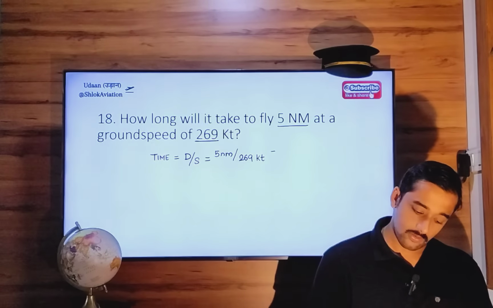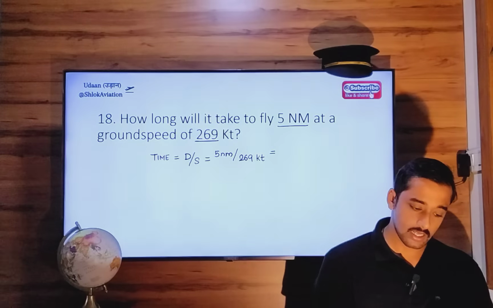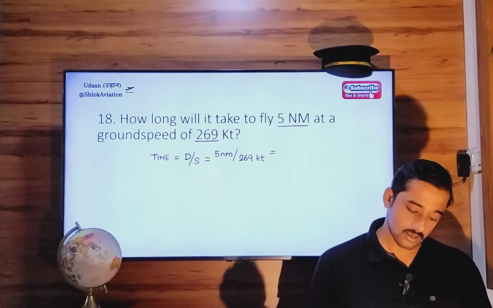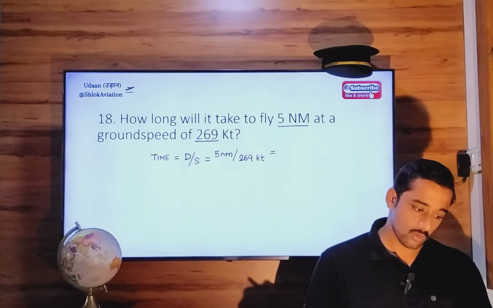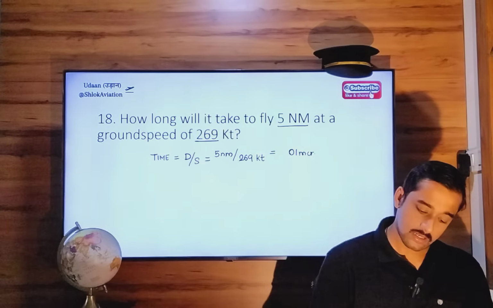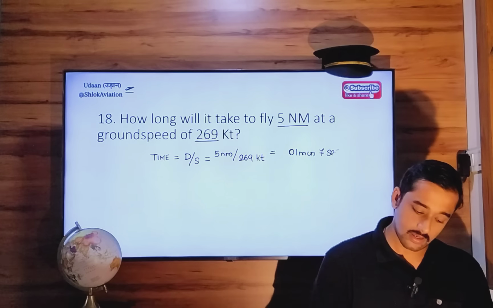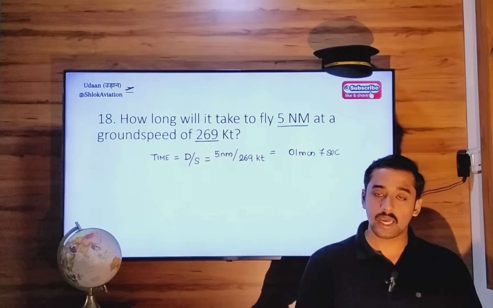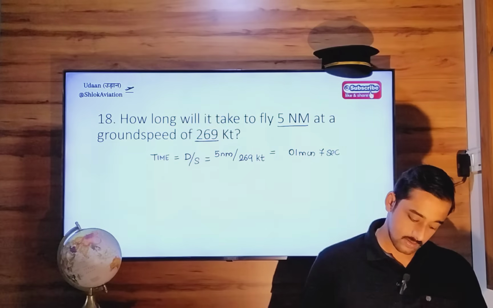Okay. So 5 divided by 269 is 1 minute 7 seconds.